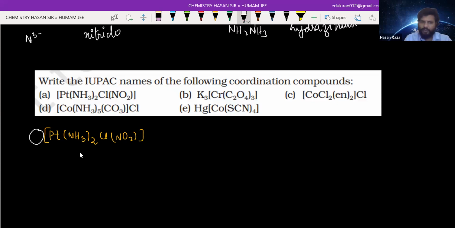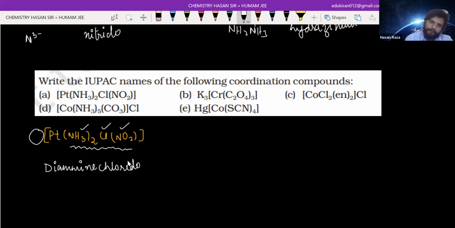No. So directly jump to the ligands. Their names are ammine, chloro, and nitro. You write them in alphabetical order. Since two ammine are there, diammine. Chlorine is an anionic ligand, so its name will be chlorido. This is NO2 minus, so its name will be nitrito.